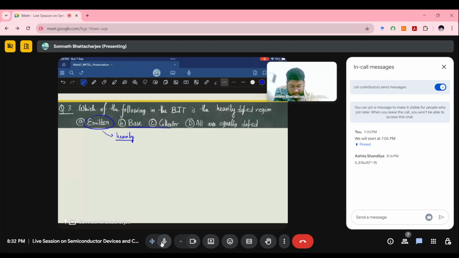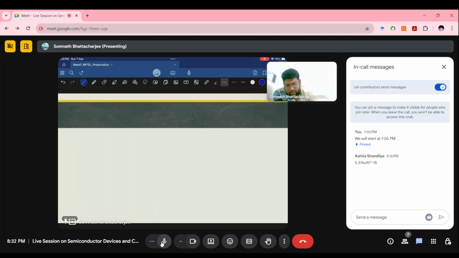Apart from that, these two are the moderately doped ones. So don't get confused with PNP or NPN structure. In the question, it can also be written as PNP BJTs or NPN BJTs. In both the cases, the emitter will be the only heavily doped region. So we'll move to the next one.